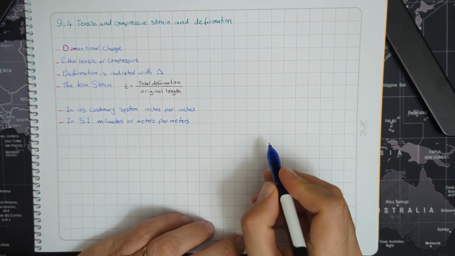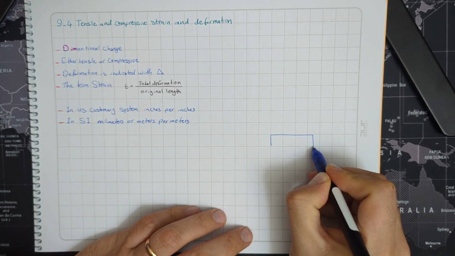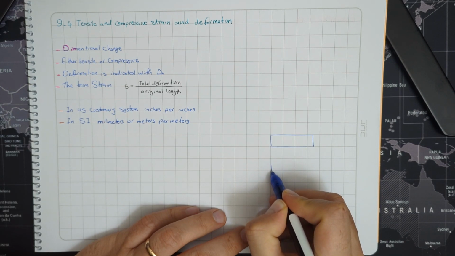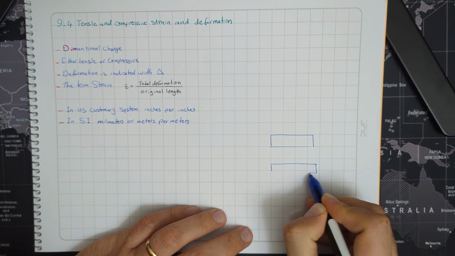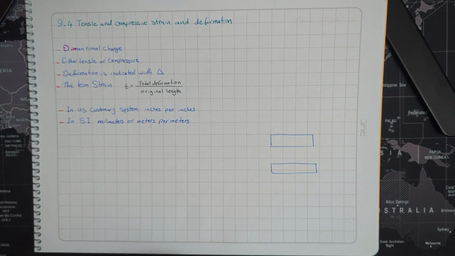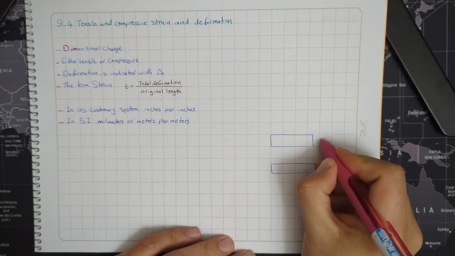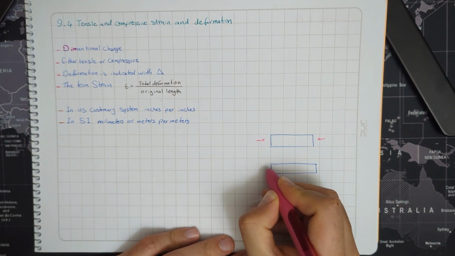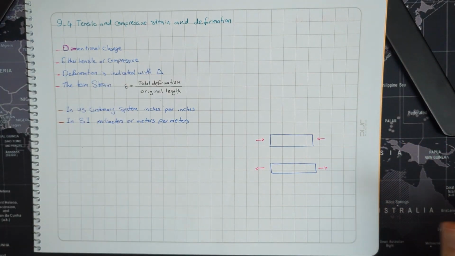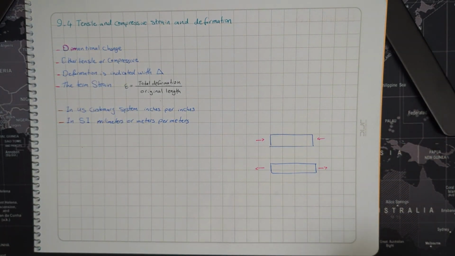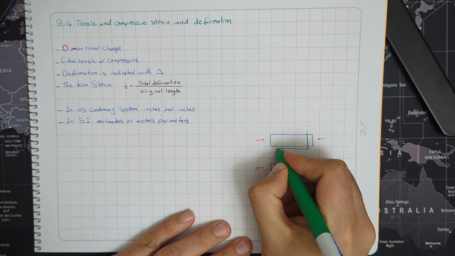If you guys remember, if we had a steel pole and we compress it, after a while it's gonna be compressed and it's gonna be deformed.